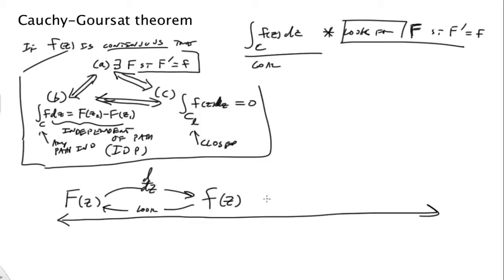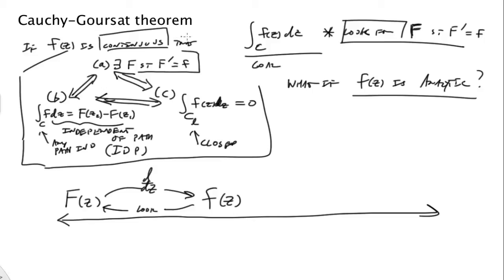The next question then, and we've been studying this a lot, is what if f of z is analytic? Okay, so obviously analytic is a much more stringent condition than just being continuous, right?